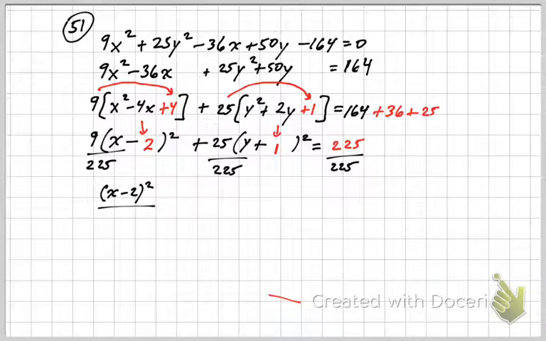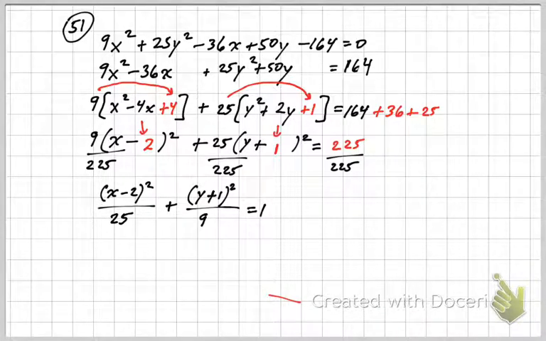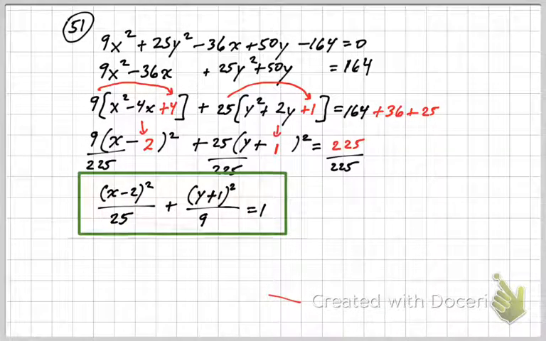I just didn't see that. 9 goes into 225 how many times? 25 goes into 225 9 times. So now you have your formula, which is going to enable me to graph it.